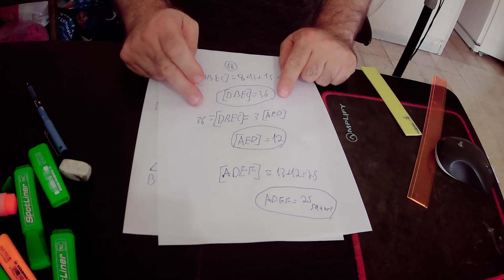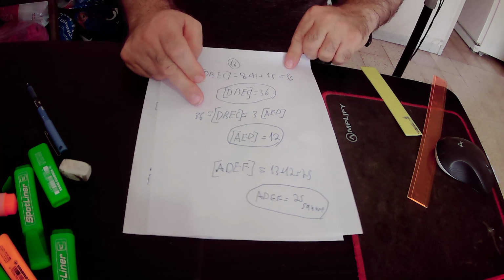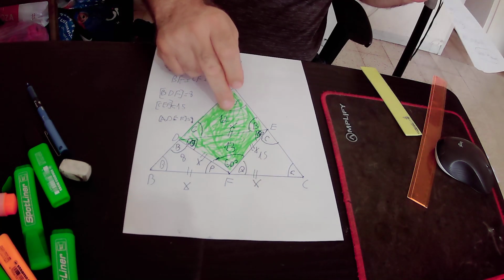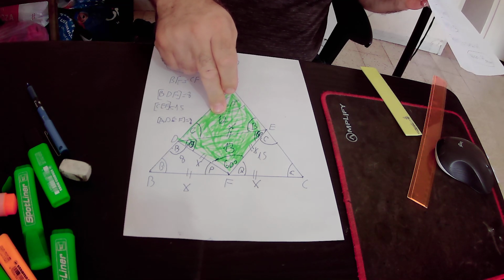So here we have 36 equals 3 times the area of triangle AED. We can divide this equality by 3. After we divided this equality by 3, we found out that the area of triangle AED equals 12 square units.